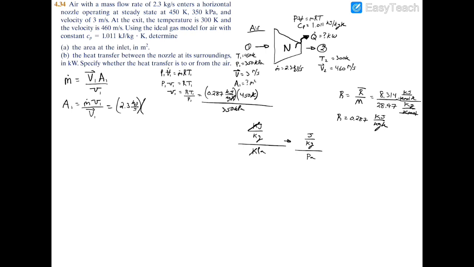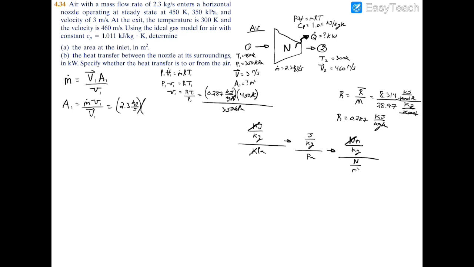And now, how can we break this down further? So what is a joule? A joule is a Newton meter, which is the unit of work. Divide that by that kilogram. And now that's all divided by the denominator of a Pascal, which is force divided by area, or a Newton per meter squared.